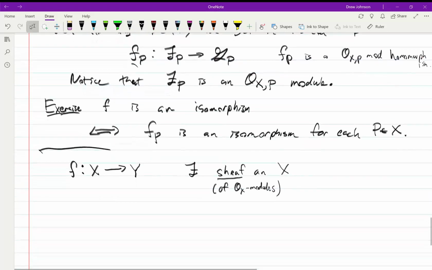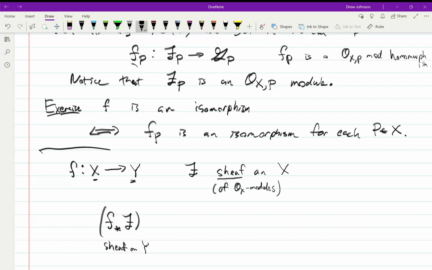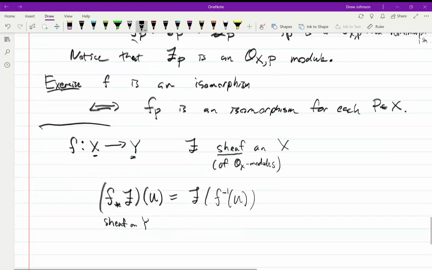All right, we are going to define a pushforward sheaf. So little f pushforward of big F is going to be a sheaf on Y. So we started with a sheaf on X, and we're going to use this morphism to push it forward to a sheaf on Y. So given any open subset U of Y, the sections of the sheaf will be F of f inverse of U. So somehow you've got to use f.